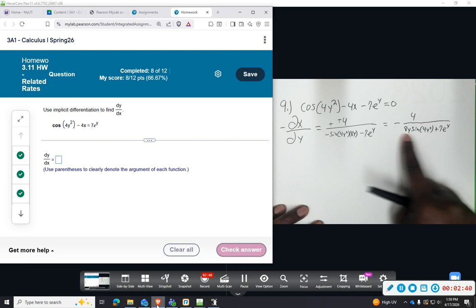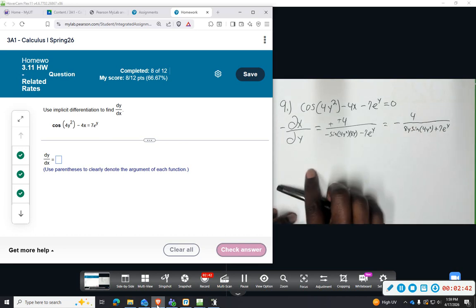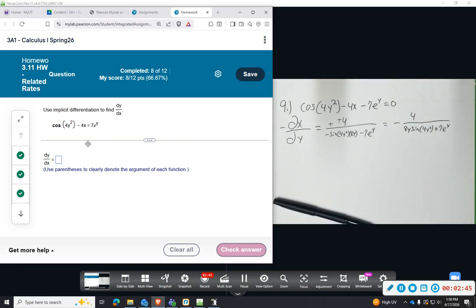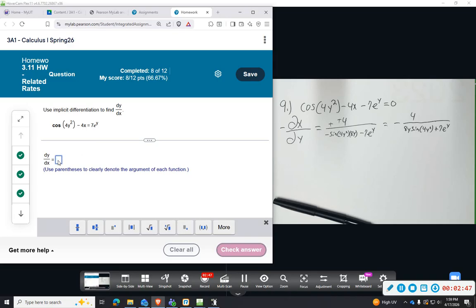So that's me factoring the negative from both and just putting it out front. Put my 8y out front.